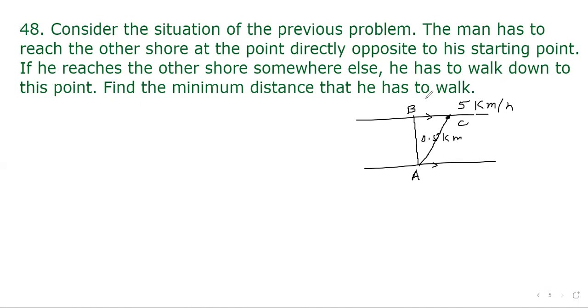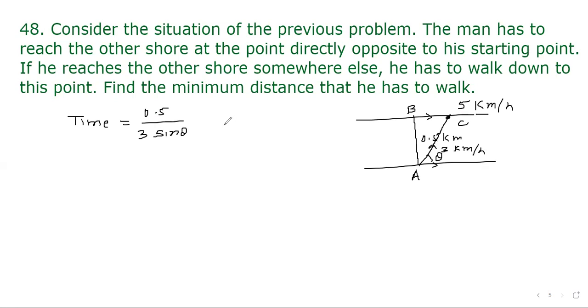So let's evaluate it. The time taken. Here again, this speed is 3 kilometers per hour and this angle is theta. So the time taken, as we have already calculated in the previous problem, will be equal to 0.5 divided by the speed 3 sin theta.